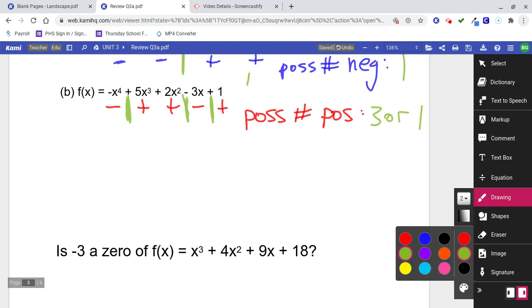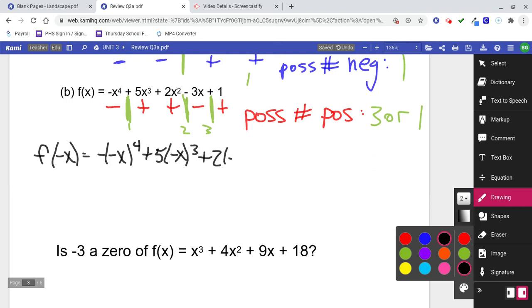Okay, we see 3 of them. 1, 2, 3. So it's going to be that number minus 2 until you get down to 0. Okay, 3 or 1. The negatives is harder because you have to do this extra step of changing x to negative x. If you're too lazy to do that, then you're going to miss an easy problem, I think.